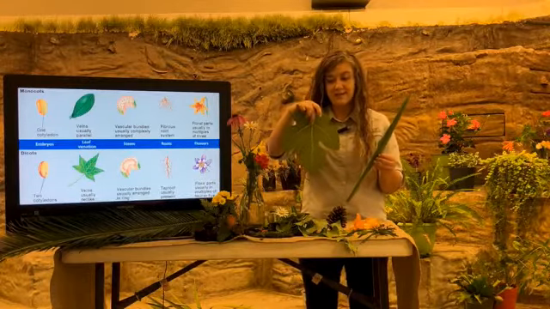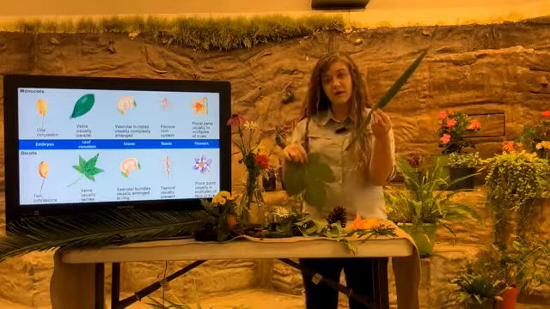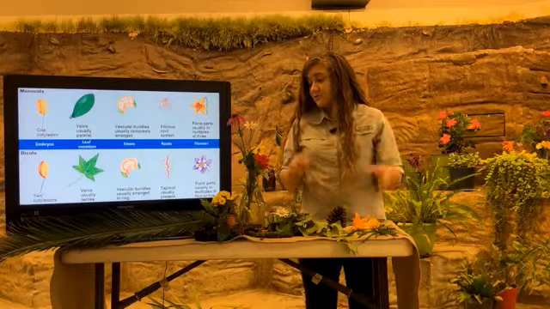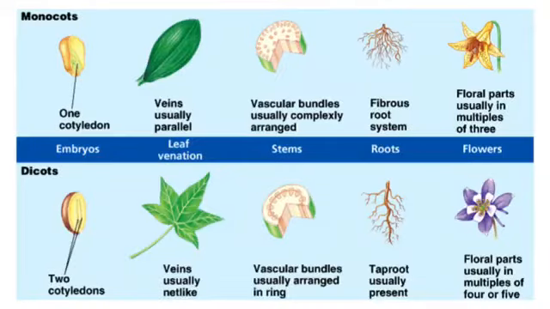So you can see that that's how it can get wider, whereas the monocots are going to be long and slender. And then you have your vascular bundles. They're usually very complexly arranged, sporadic, and then the vascular bundles on a dicot are usually arranged in a ring.